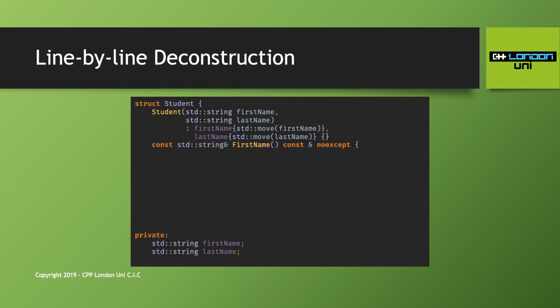It is const accessible, so that means if you have a const instance of student, you are allowed to call it because I've qualified it as const. These two pieces, the ampersand and the noexcept, are more advanced. If you're curious, you can look up ref qualifiers and the noexcept keyword, obviously. But these are just more advanced. The ref qualifier, if you're really curious, but don't worry about it.